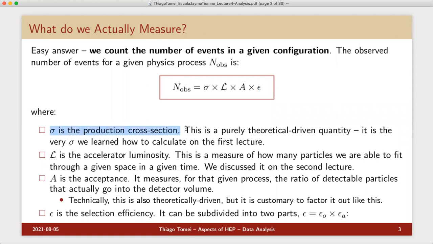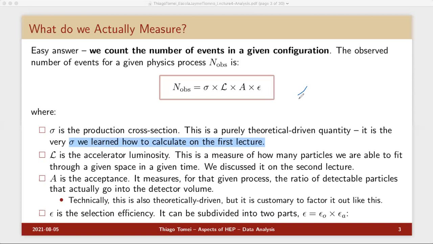So this is purely theoretically driven. We know how to calculate it because we know how to do Feynman diagrams. We know how to do the matrix elements, right? It's something that you calculate something like this. So this we know.